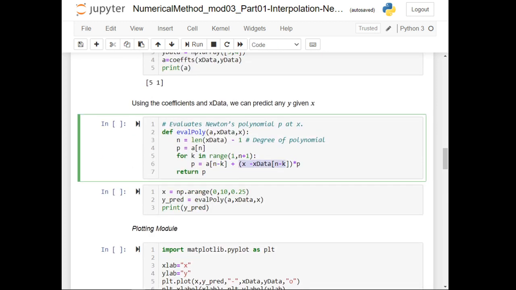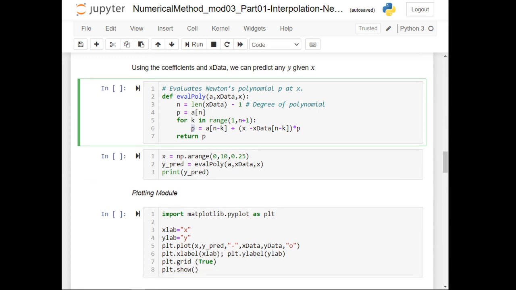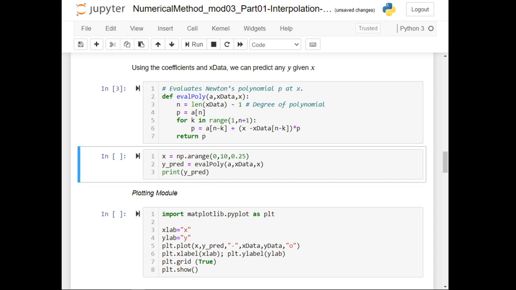You see here the previous p, and then this is the new p, and there's a loop. We run this one, and here we want to predict y for x from the range 0 to 10 with a step of 0.25, meaning 0, 0.25, 0.5 up to 10 with that interval.